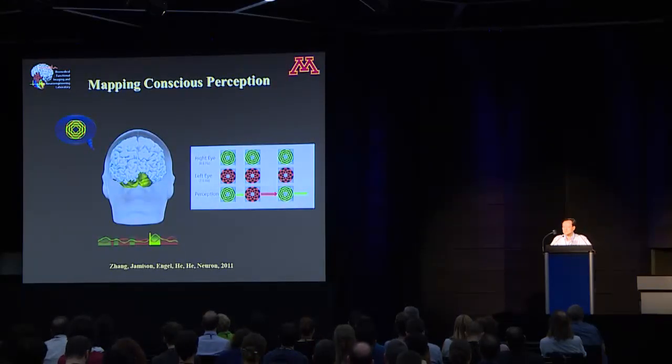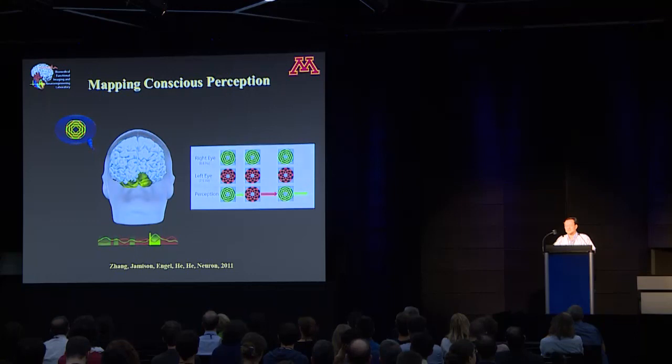Just to give one example, this is one of the works in which we have been using this electrophysiological information to look into binocular rivalry. The mechanism is that when you present a red or green color to each of the two eyes, at any given time the subject perceives either red or green. It does not see both colors at one time.